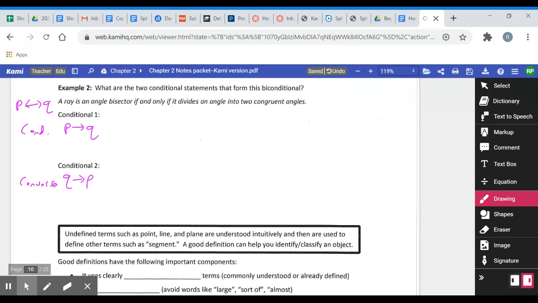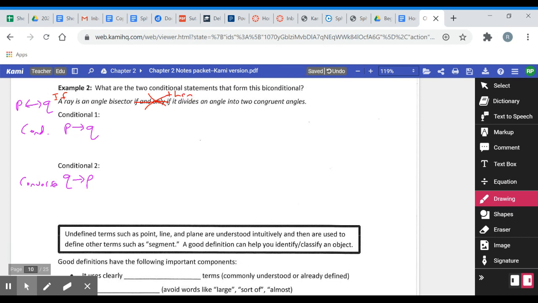Okay. So again, the whole idea of what we're doing here is we're basically getting rid of this if and only if, and then we need to stick an if and then in this sentence. Okay, so I'm going to write that out.